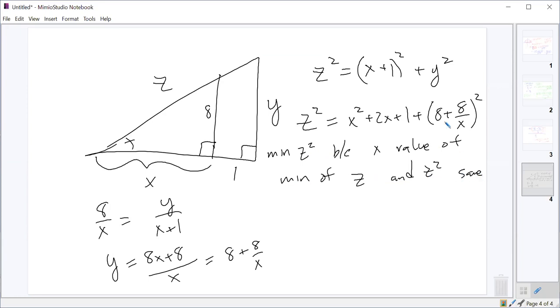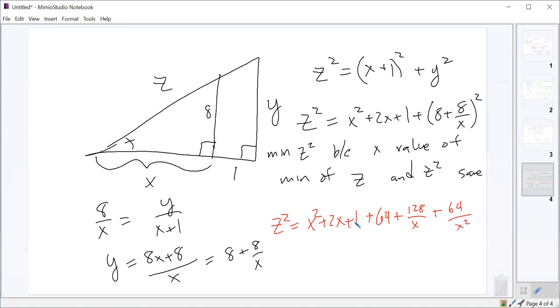And so rather than having to go through and take the square root and have a really unpleasant, complicated derivative, we can just take the derivative of this, which is a lot simpler. So we're going to rewrite this now as Z squared is equal to X squared plus 2X plus 1 plus 64 plus 128 over X plus 64 over X squared.